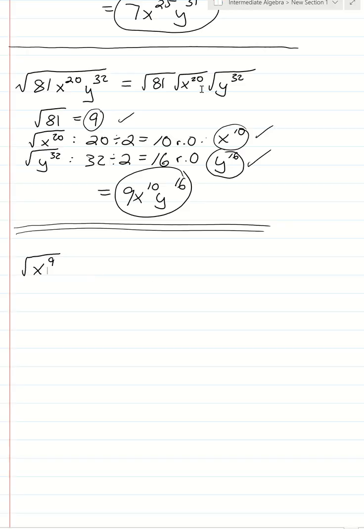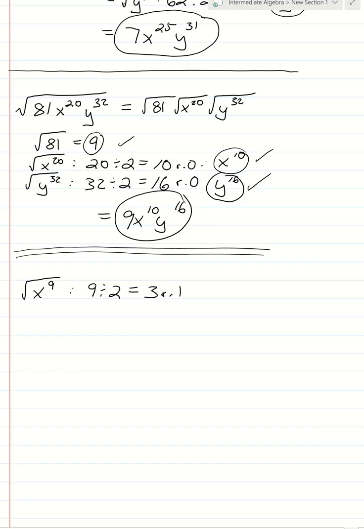Just like we did with these exponents, we take the exponent of 9 and divide by the understood root index of 2. 9 divided by 2 goes 4 times, remainder 1.